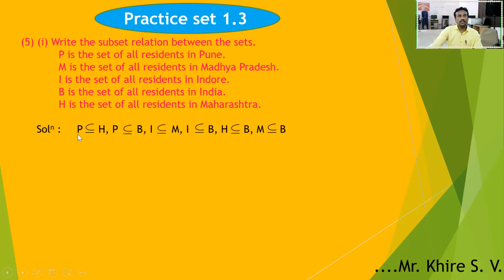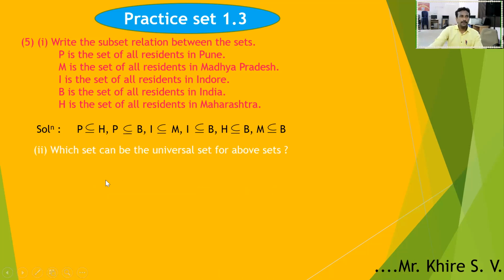Therefore, we can write P is a subset of H, P is a subset of B, I is a subset of M, I is a subset of B, H is a subset of B, M is a subset of B. These are the subset relations between all the above sets.